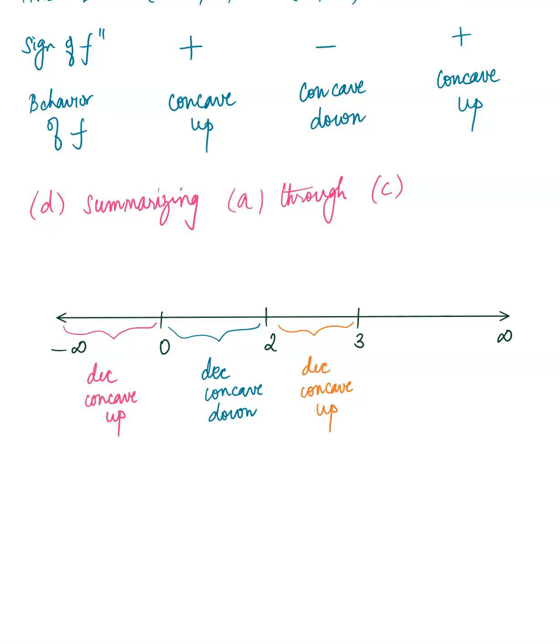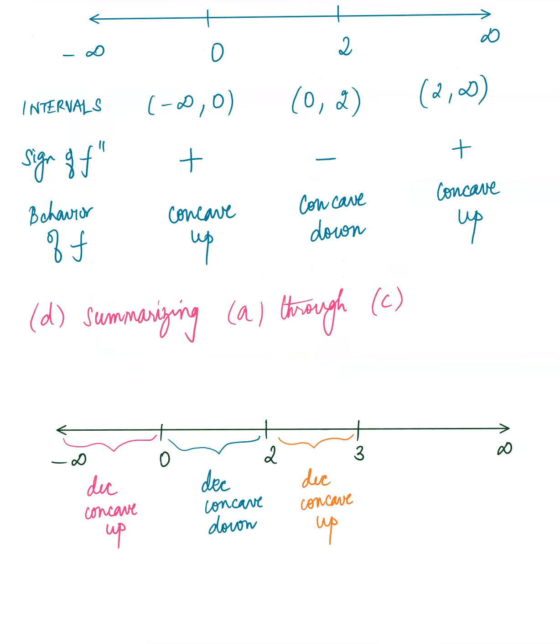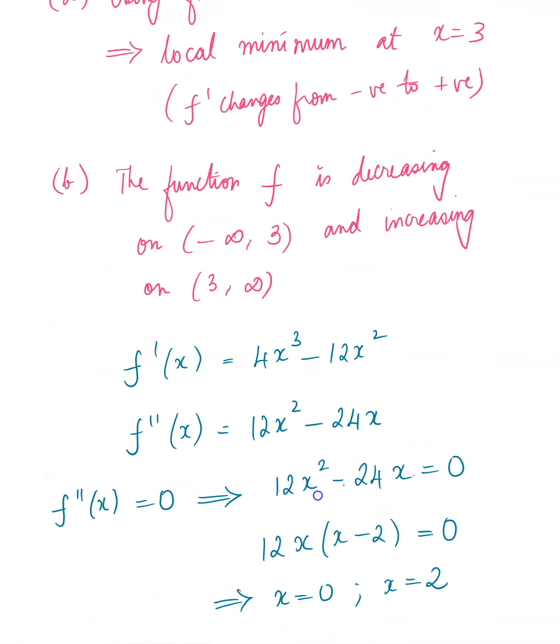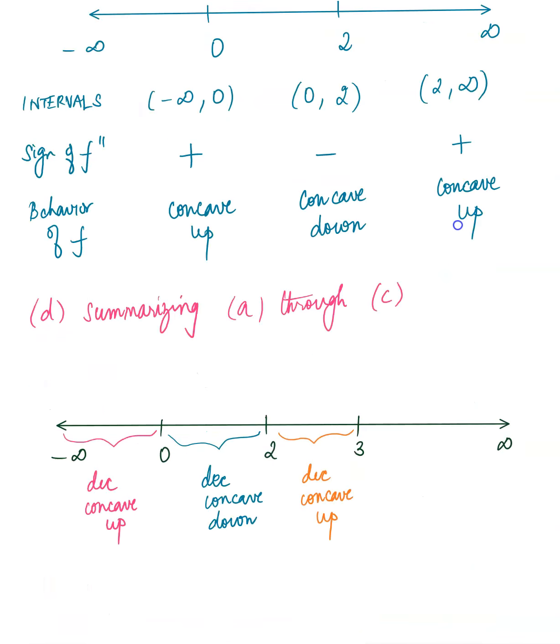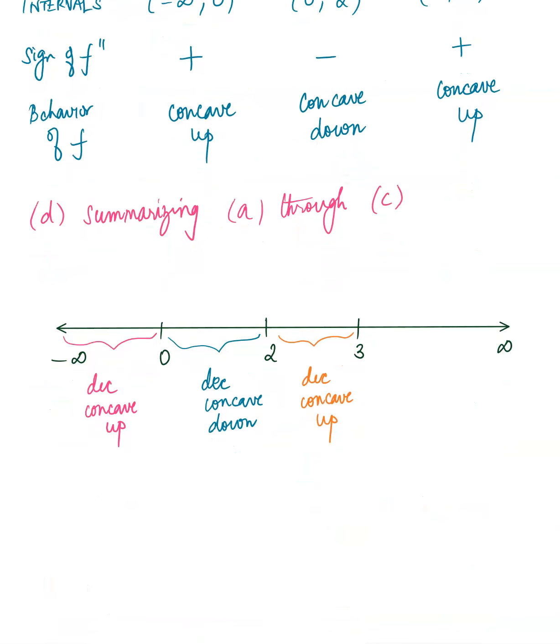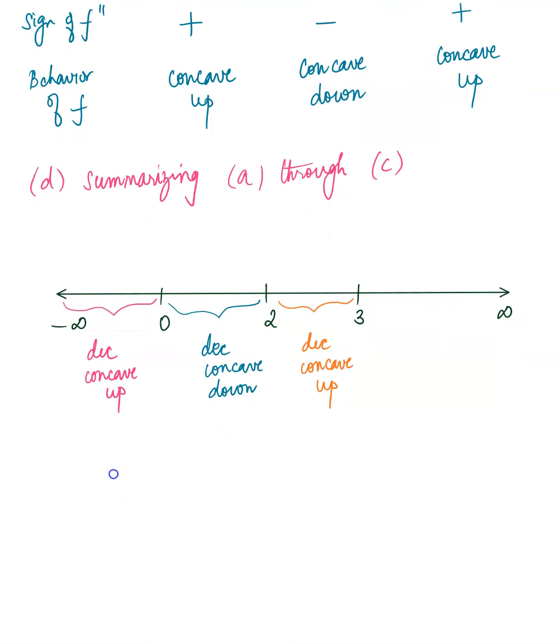And then 3 to infinity will be concave up right here. And from here, 3 to infinity is increasing and concave up, the last one.